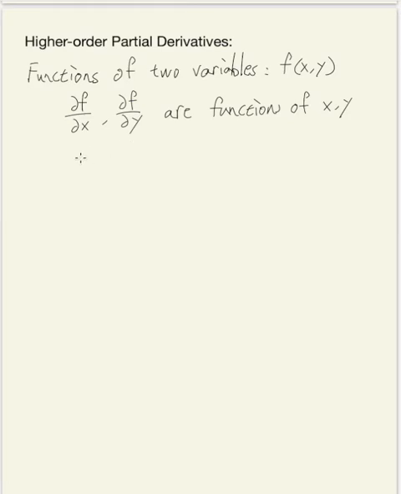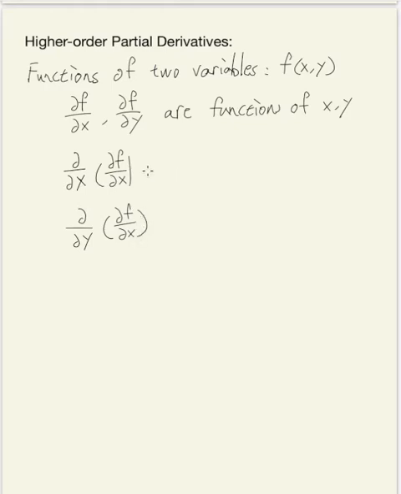Now if we take d dx of df dx, because df dx is a function of two variables x and y, we get two partial derivatives here. We can take the derivative with respect to x, and then we can take the derivative with respect to y of df dx.